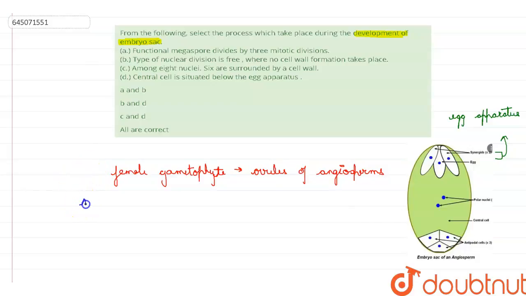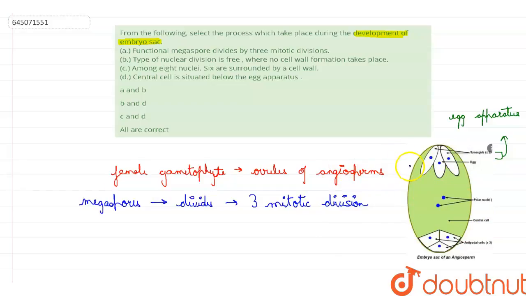Then the megaspores divide, and they undergo 3 mitotic divisions. Out of these, 3 disintegrate and 1 sustains, which later develops into the embryo sac.